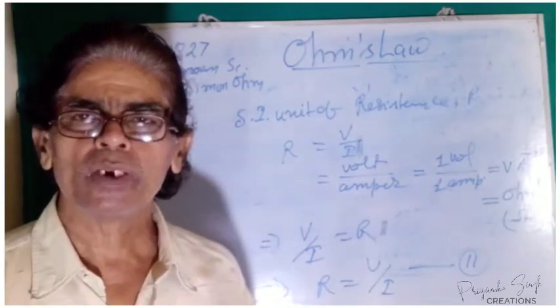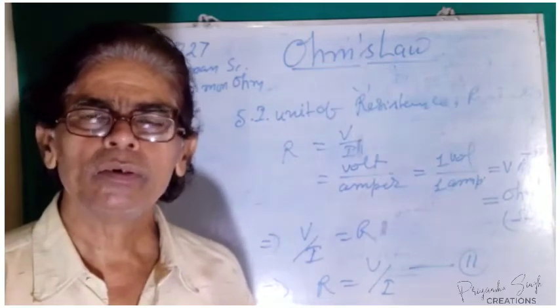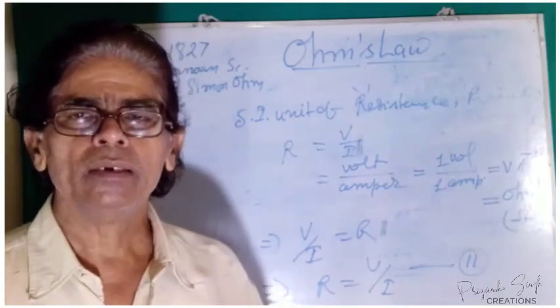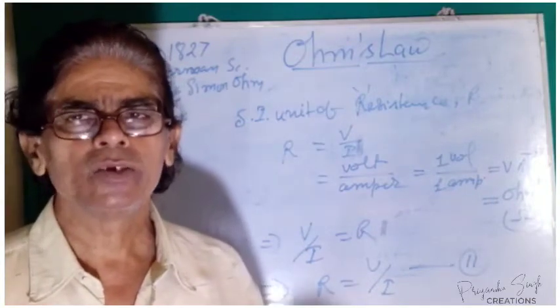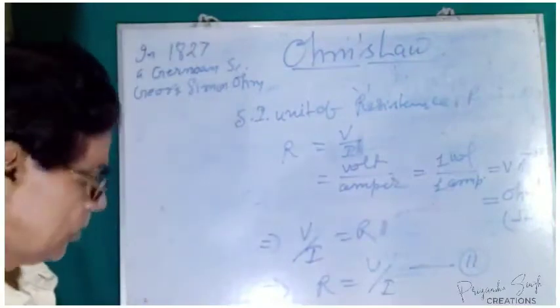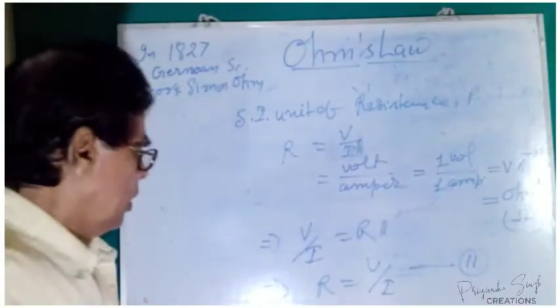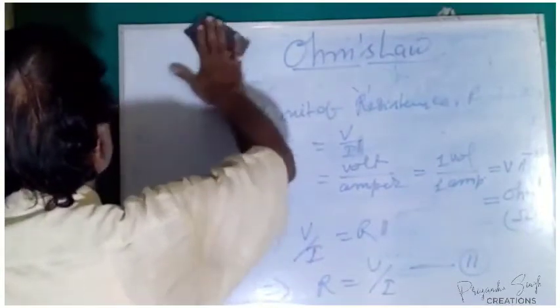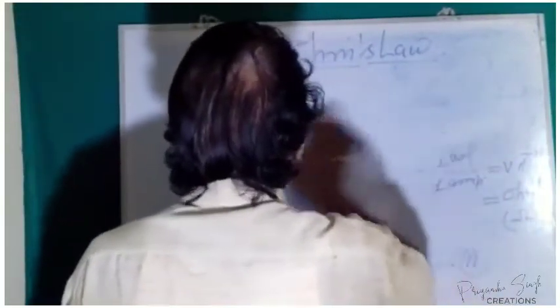So the potential difference 1 volt, current strength 1 ampere, then we can say that the resistance of the conductor is 1 ohm. Now we will discuss later more about the resistance and the law of resistances.